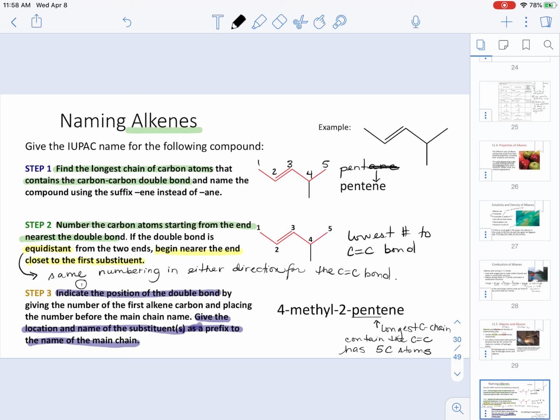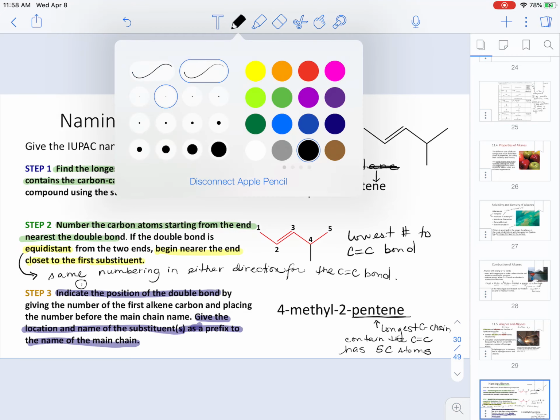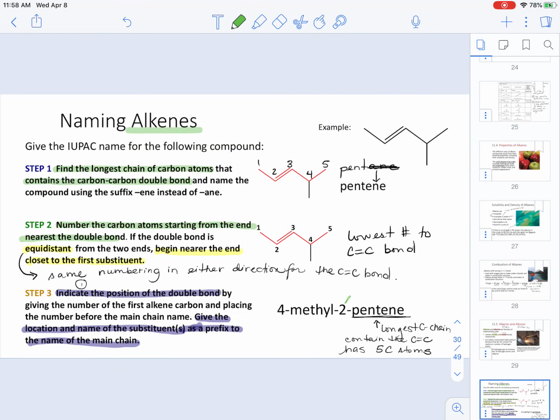That's what the pentene means. Then the number 2 is for the location of the first carbon in the carbon-carbon double bond.